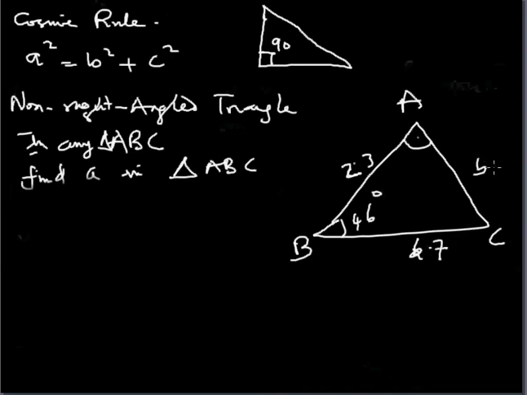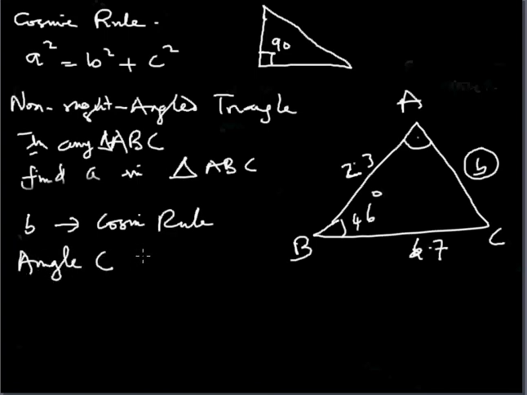The first thing we can do is to find this particular value, this B, by using the cosine rule. You can now find angle C by using the sine rule.